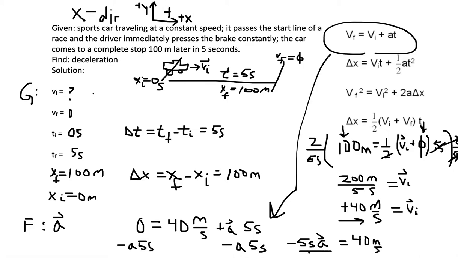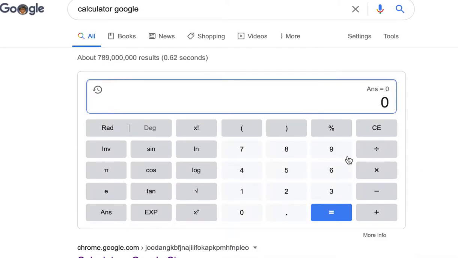So we need to divide by minus 5 seconds on both sides of the equation, and we're left with A on the left-hand side. We have a negative sign, so I'm just going to put it here. We've got 40 divided by 5. Here's our Google calculator: 40 divided by 5 equals 8.